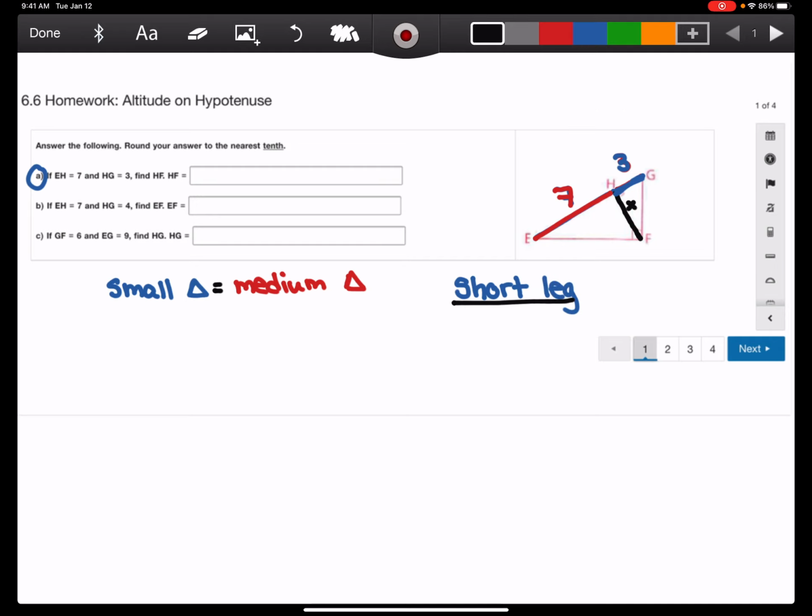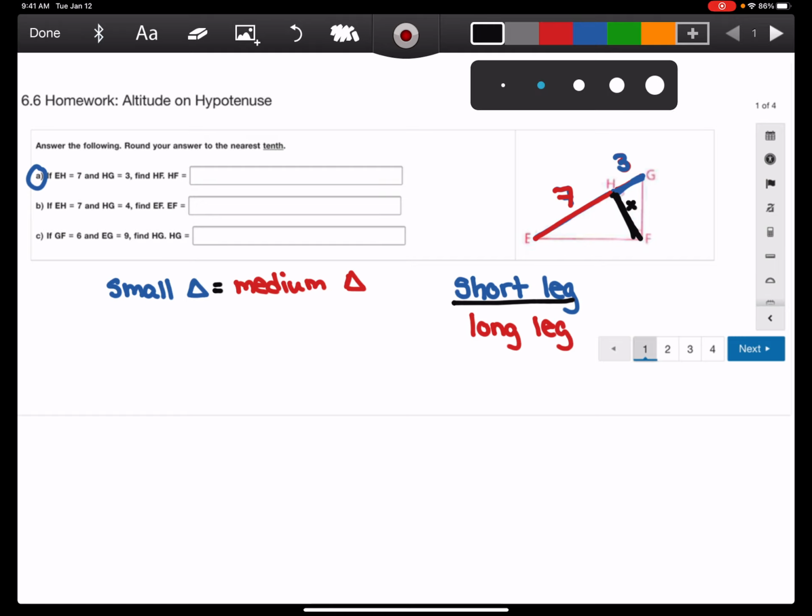And further, X on my small triangle is the long leg. So I'll also have my long leg here. So this is how we're going to be setting up our proportions. Because if I look at my larger triangle, my medium triangle on the left side, I'm given not only the long leg, which is 7, but also the short leg, which again is just X. So we'll be able to set up our ratio.